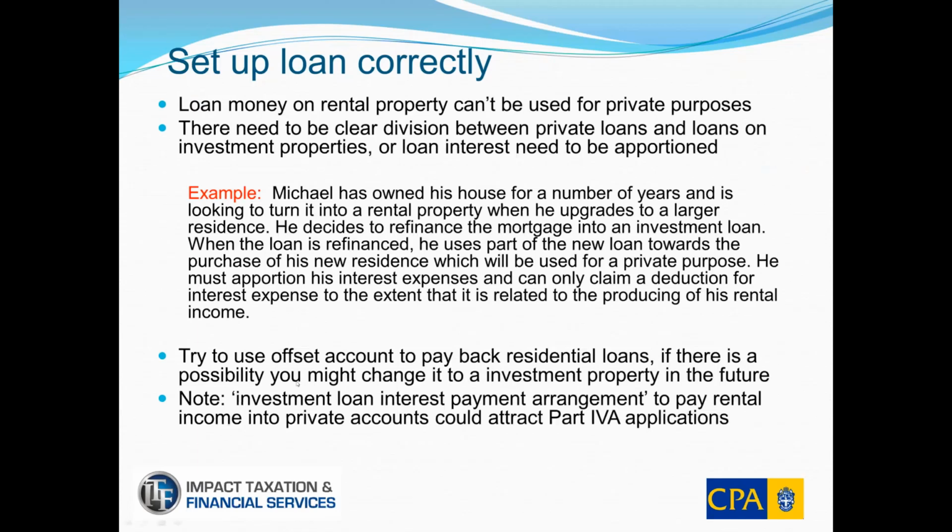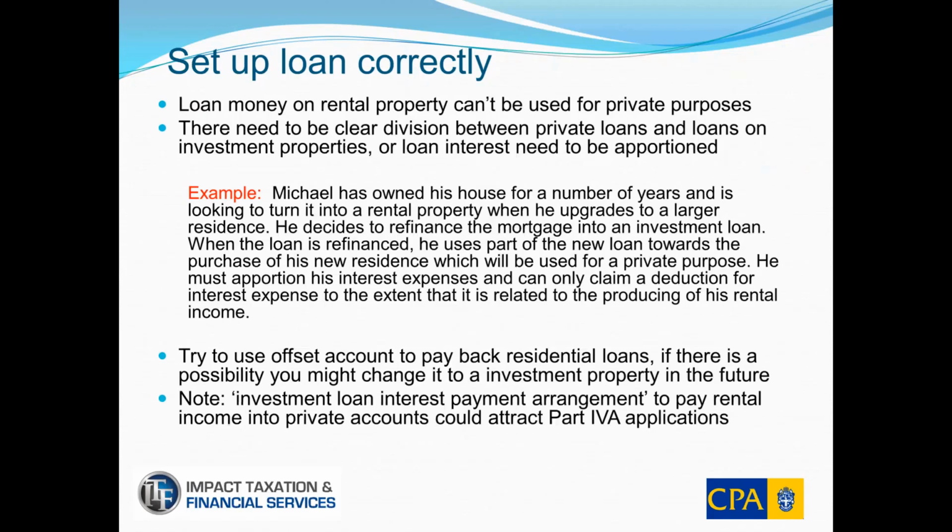Another issue, a common question from clients. Sometimes mortgage brokers might suggest you can set up your loan in a certain way so that you pay rental income to your residential loan first, or pay to the offset account of the residential loan first.